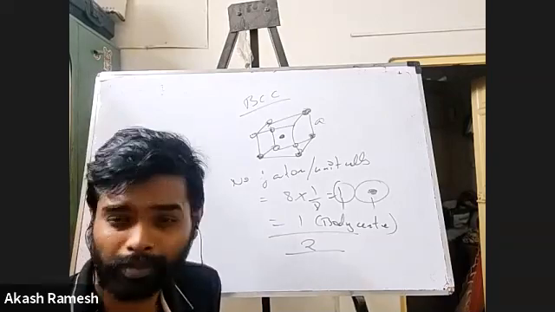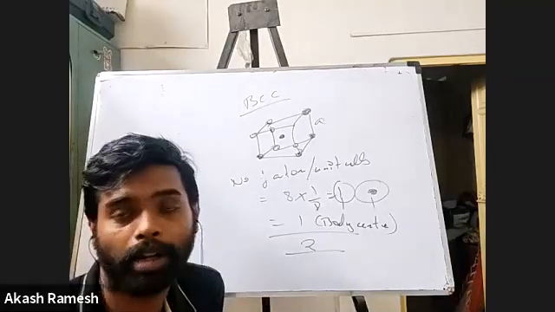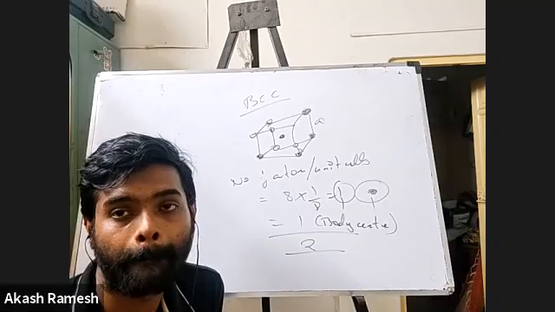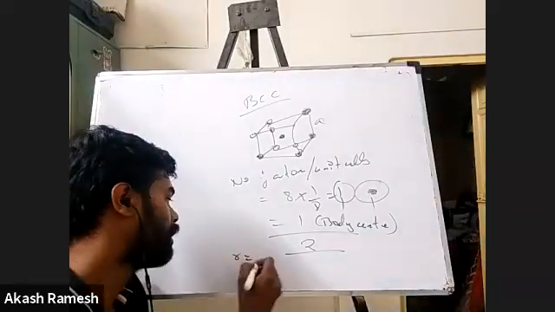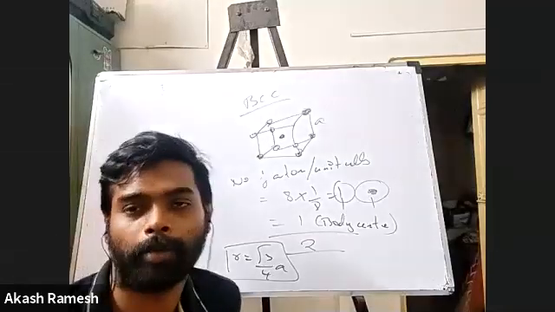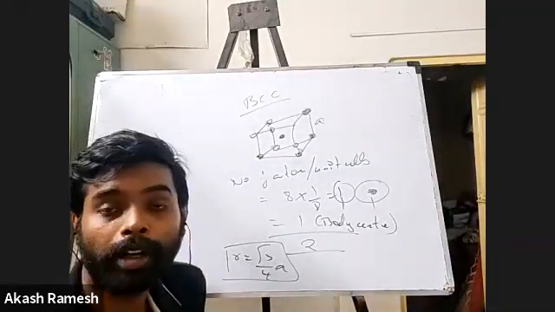Next, what is the relationship between A and R for body-centered cubic? 4R is equal to A root 3. Basically R is equal to root 3 by 4 into A. What you said is obviously correct.